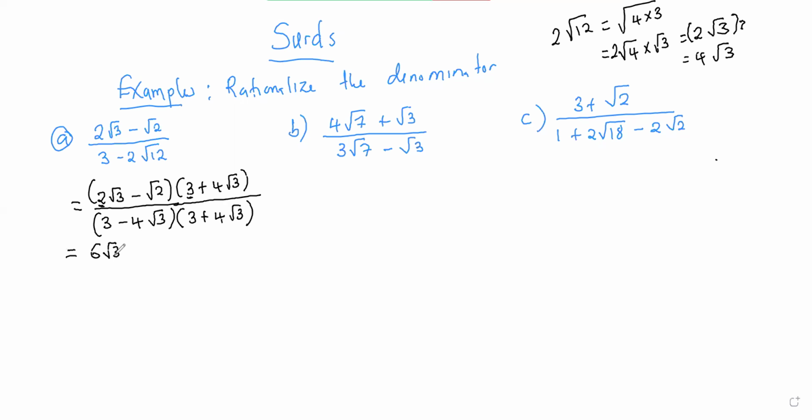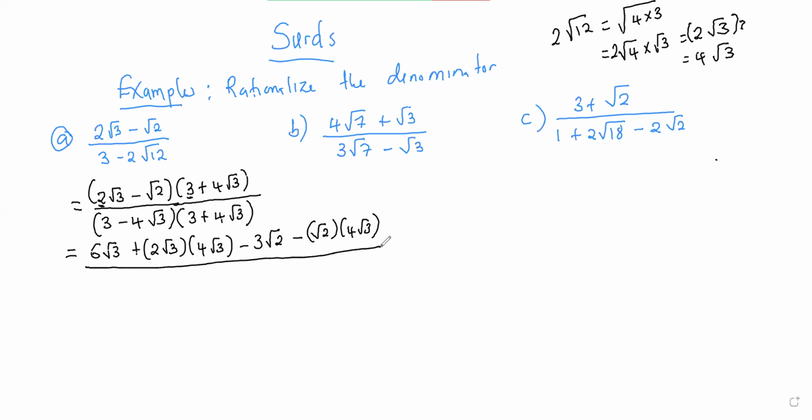Like now, so now we're having 2√3, so it's plus 2√3 multiplied by 4√3. Minus 3 times √2, that will be 3√2, and then minus √2 multiplied by 4√3.